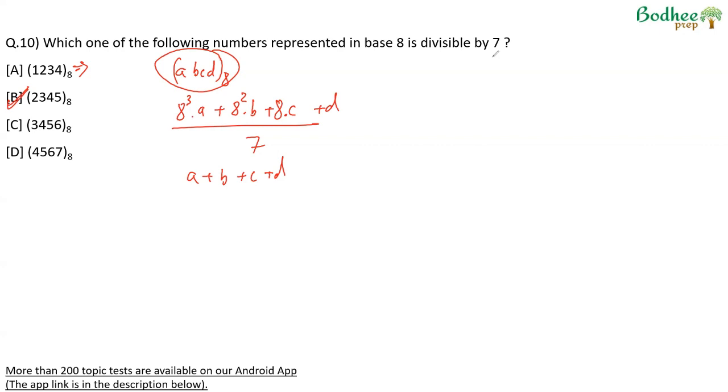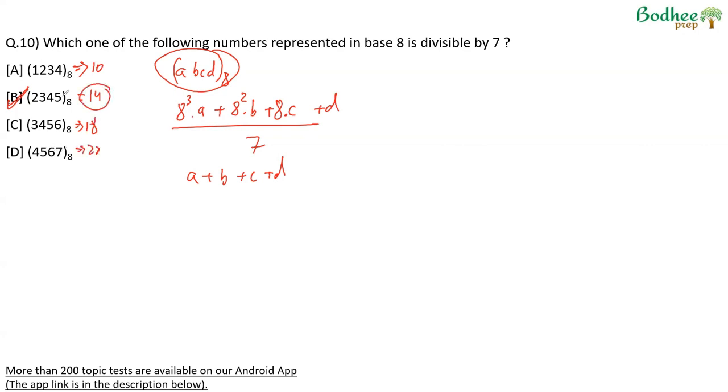Now if we want the number to be divisible by 7, the sum of digits should be divisible by 7. Here the sum of digits is 4, 3, 7, 8, 9, 10, not divisible by 7. 5 plus 4, 9, 12 plus 2, 14, divisible by 7. 6, 4, 10, 15, 18, not divisible by 7. 7, 6, 4, 10, 15, 7, 22, not divisible by 7.